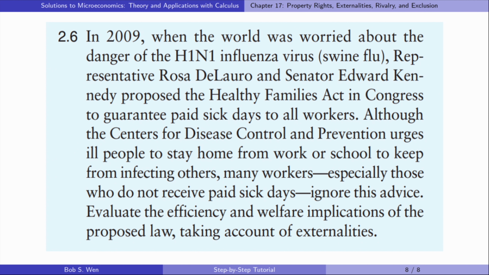Although the Centers for Disease Control and Prevention urges ill people to stay home from work or school to keep from infecting others, many workers, especially those who do not receive paid sick days, ignore this advice. Evaluate the efficiency and welfare implications of the proposed law, taking account of externalities.